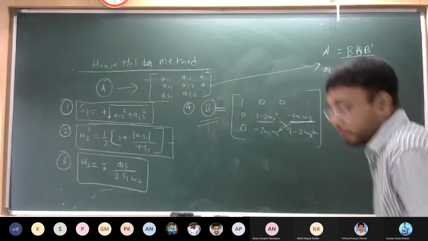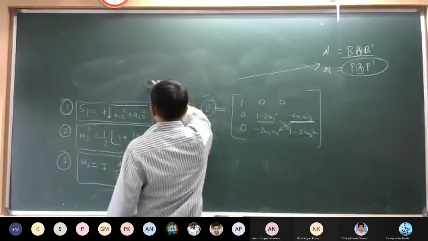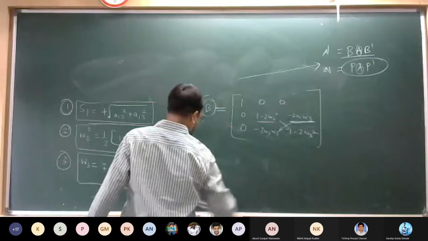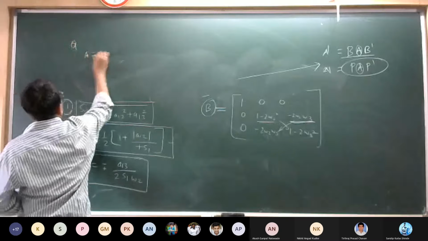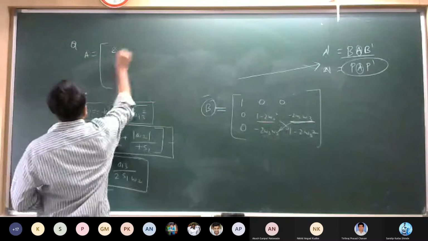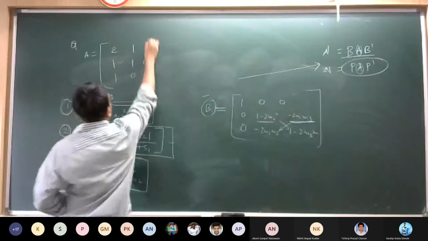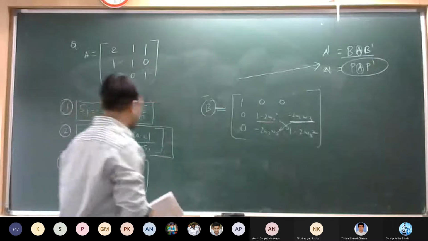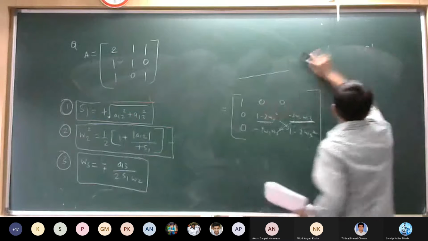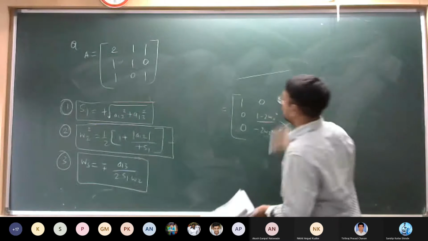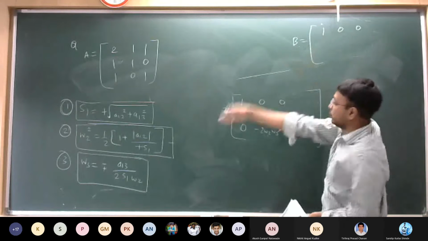Write this problem: using the Gauss-Jordan method, for the given matrix A with rows 2 1 1, 1 1 0 and 1 0 1, we need to convert it. Calculate the S1, S2, S3 values, and last we need to calculate this part also. I will write here the V matrix, 1 0 0, so calculate that particular part.